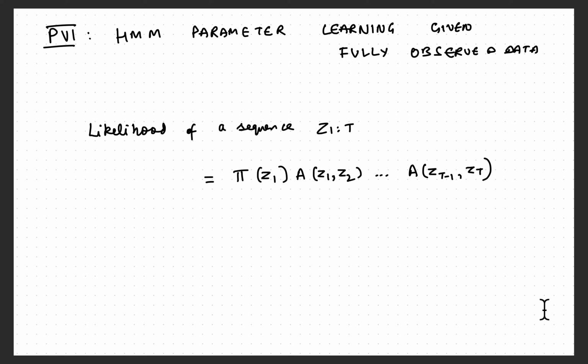We're basically writing the joint probability, given the parameters theta, of the observation and the state sequence Z1 through T. That is given by pi of Z1 times the transition from Z1 to Z2, the hidden state at time 1 to the hidden state at time 2, and so on till the transition from the hidden state at time T minus 1 to the hidden state ZT at time T.